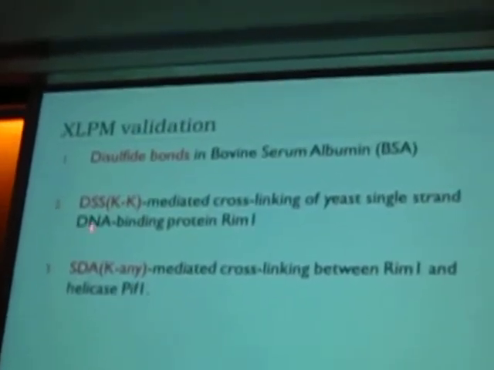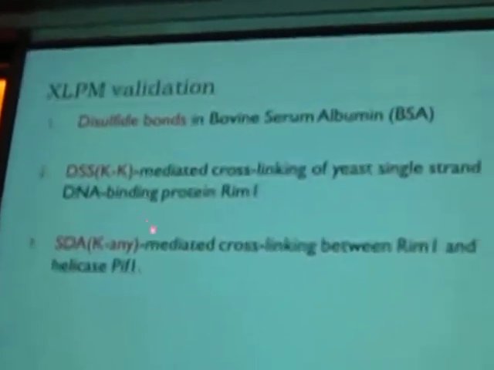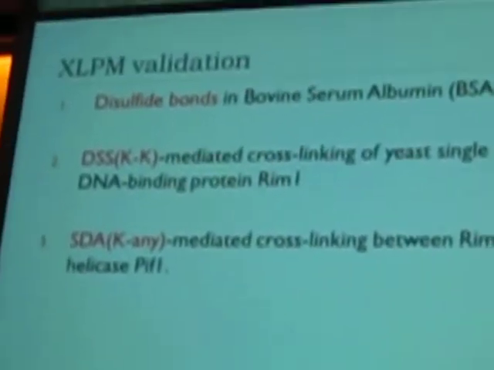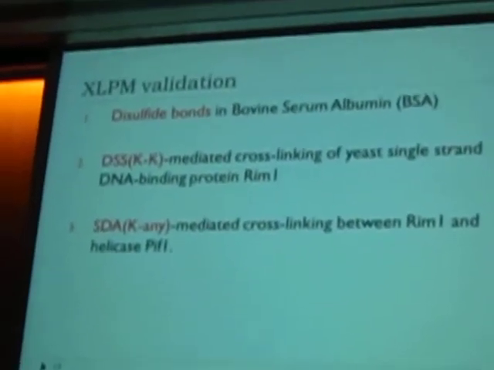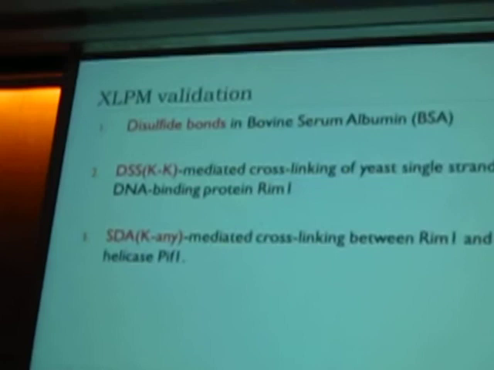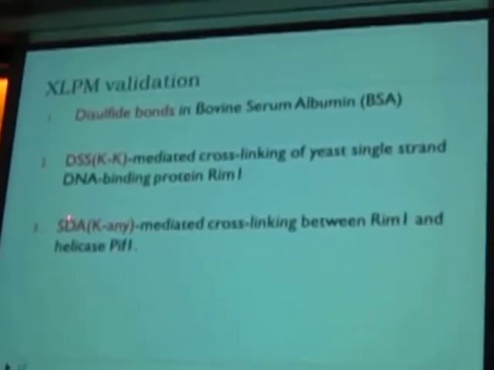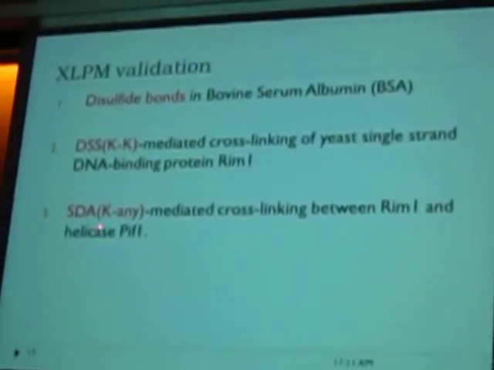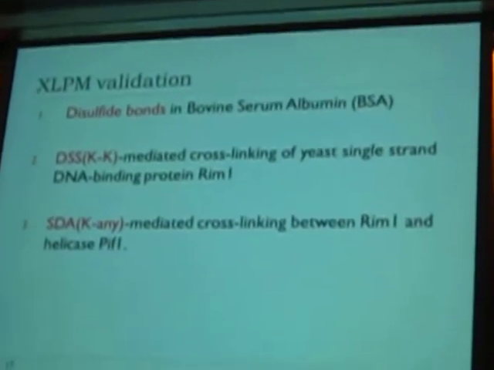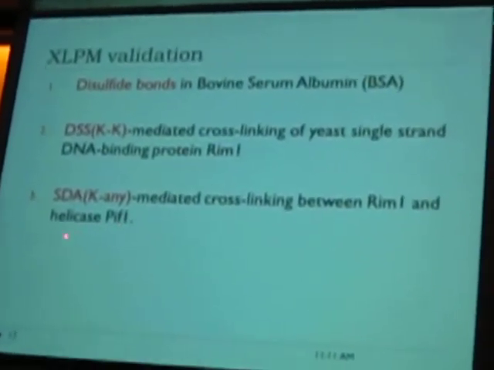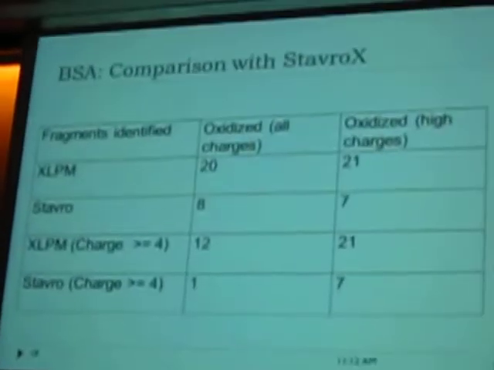Here, one of our collaborators solved a crystal structure of Rim1, so we analyzed the actual crystal structure to see whether we are predicting the right contact points using XLPM. And here we show its efficiency in resolving when the specificity of the cross-linker is not known.